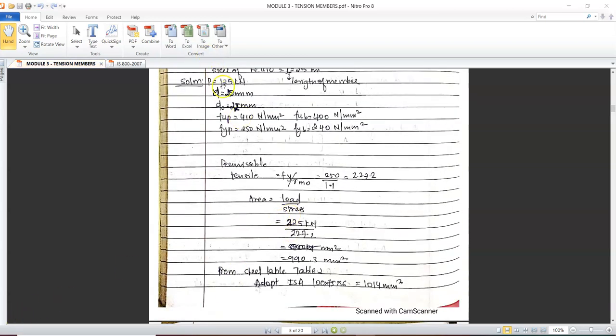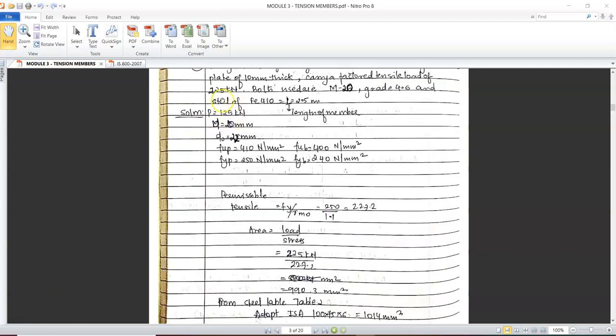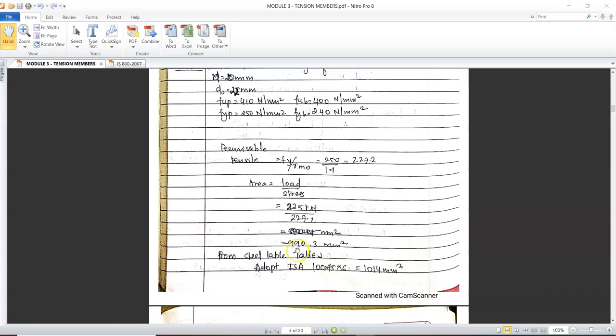Sorry, load is 225 itself. Please make this correction. Load is 225 itself. So load is 225 kilonewton into 10 to the power 3, we'll convert it to Newton, divided by the permissible stress 227.2, which works out as 990.3 square mm.